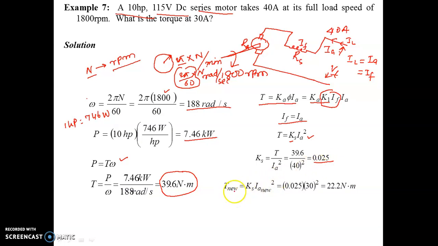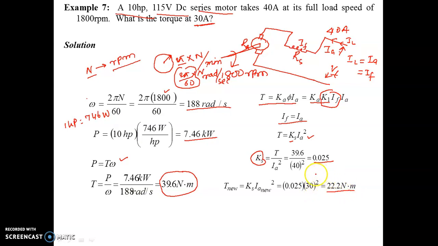Now I have to find the new torque when the current is 30 ampere. This constant was for torque 39.6 when the current was 40 ampere. Now the current is changed to 30 ampere, so Ks multiplied by 30 ampere square gives a torque of 22.2 Newton meter.